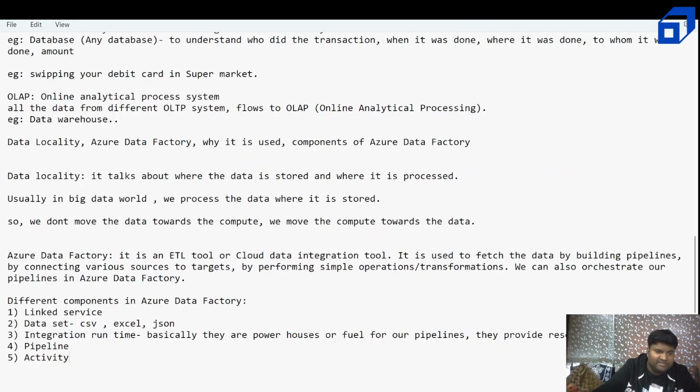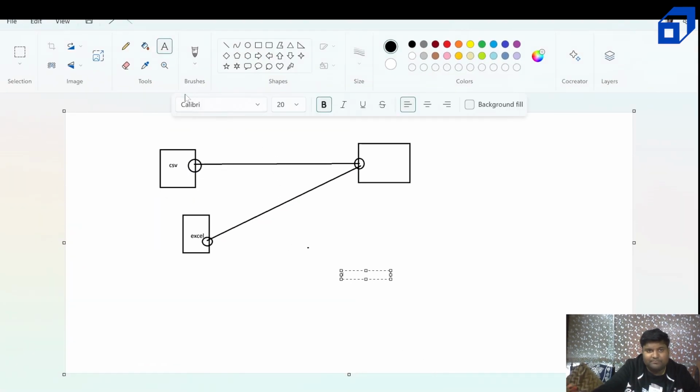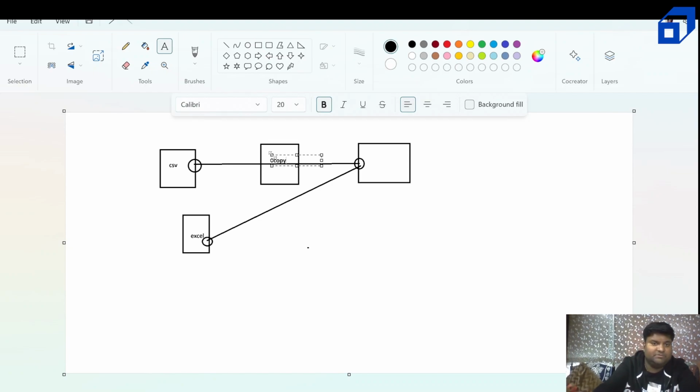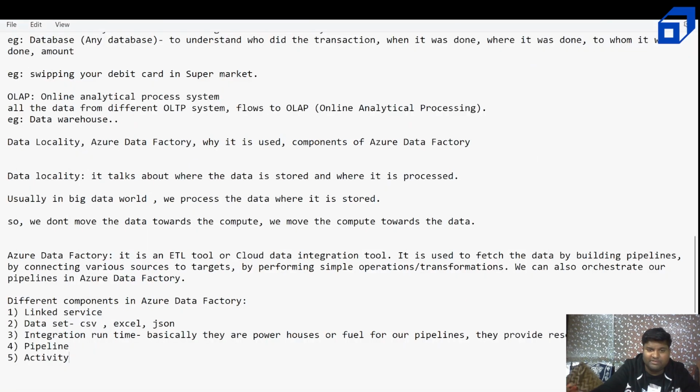Finally, activities. There are different activities which we will be talking about while building a pipeline. So for example, to pull the data from a source to target, I have one activity which is called copy activity, right? It will copy the data from a source to target and load it. There are different activities which we'll be talking about in depth while talking about Azure Data Factory.